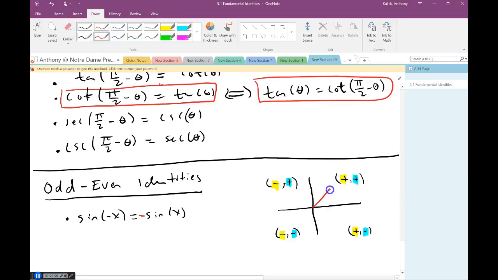So if I have, say, sine theta here, this would be negative theta there, right? Everybody agree with that? When we make our triangle here, those triangles are going to have the same dimensions, correct? The only difference is that the value for sine is positive in this quadrant, but negative in that quadrant, right?